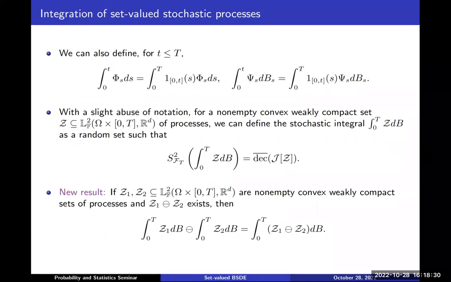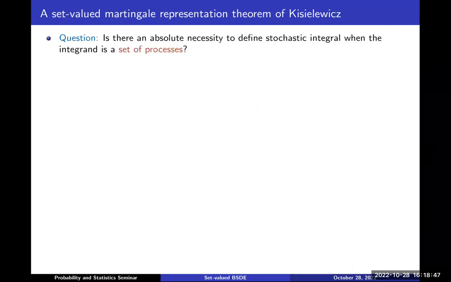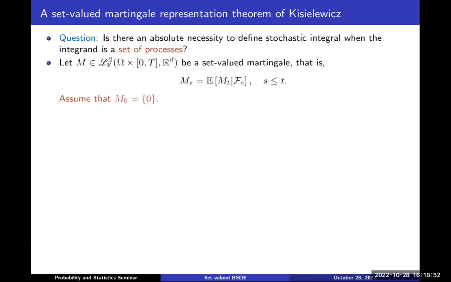Why do I need the integral of these? Why are the integrals of set-valued processes not rich enough for my needs? So why do I need this abstract integration for a given set of processes? This is the question I'd like to explain.